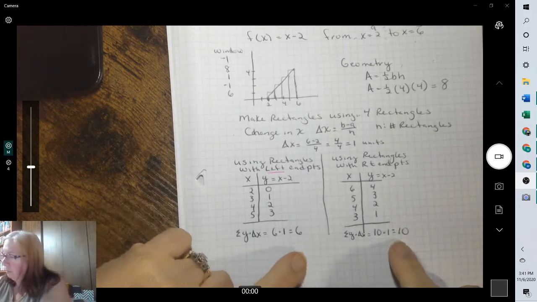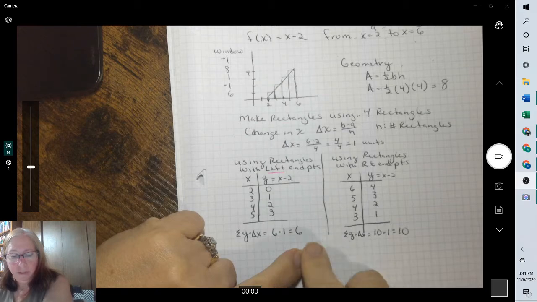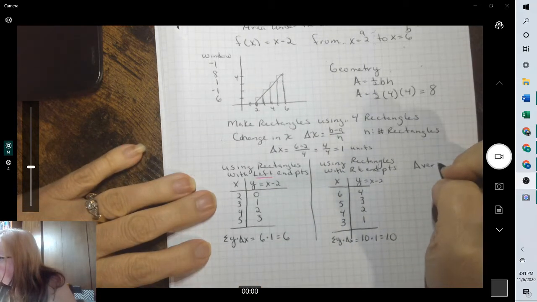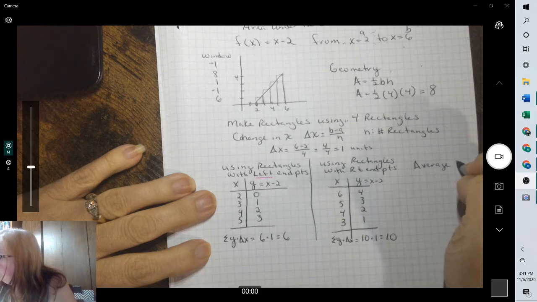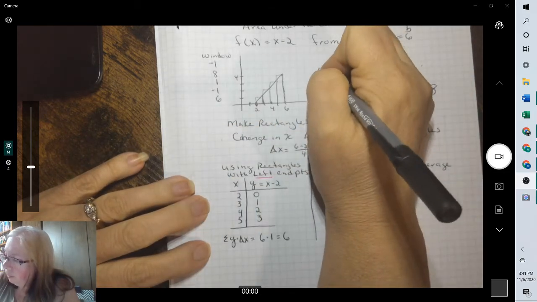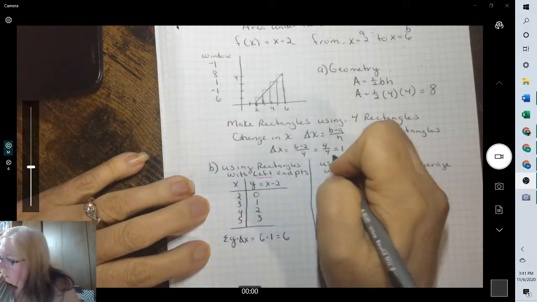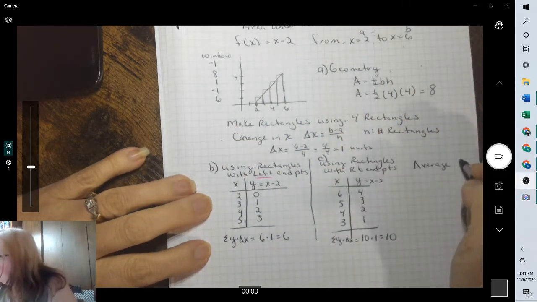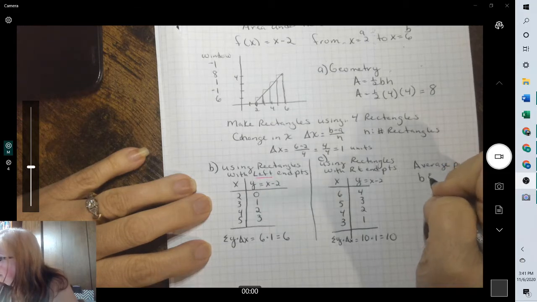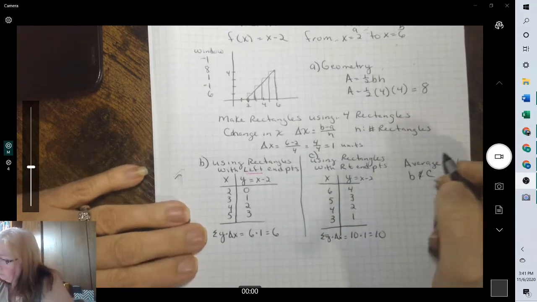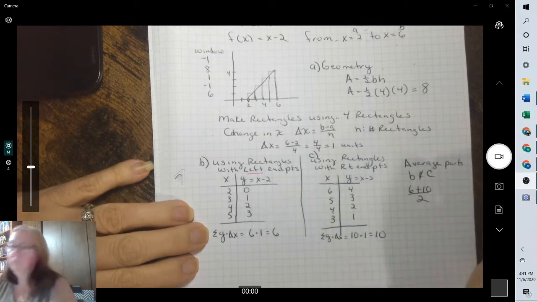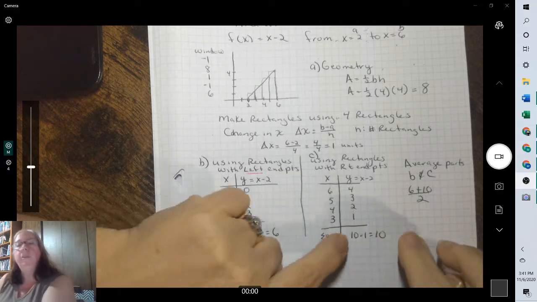Another thing we sometimes do is find the midpoint of these two. Let's label these A, B, C. So average parts B and C. So this one was too low, this one was too high.